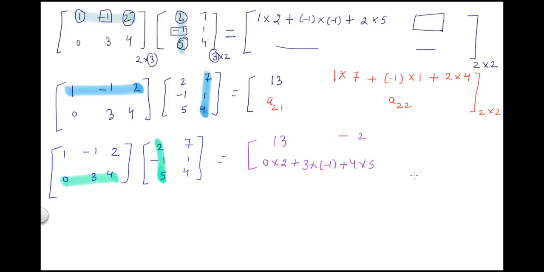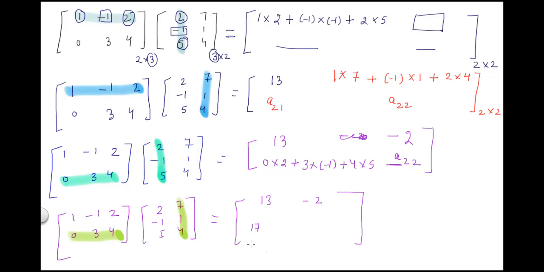Right? And we need the fourth element still. So the second element I'm writing here. So we have 13 and minus 2, and this will give us the third element. Now you think carefully, you have to get the last element, which is A22. So second row and second column you need to multiply. That's the last step. Let us do that also.